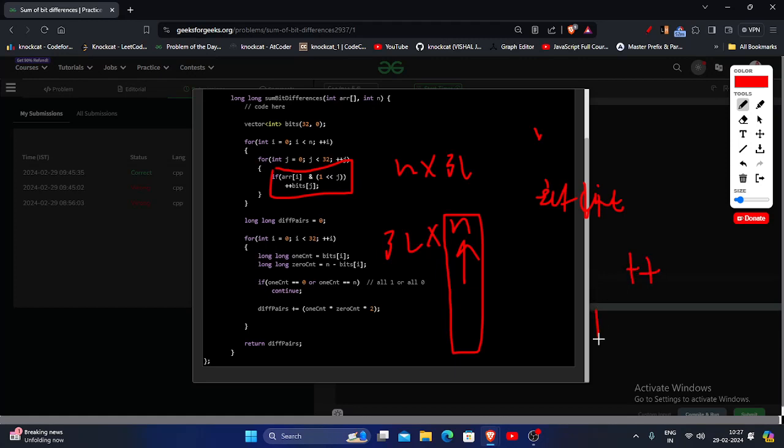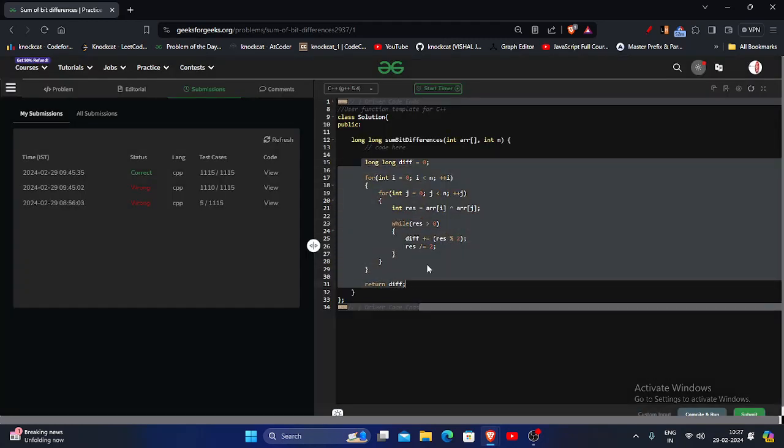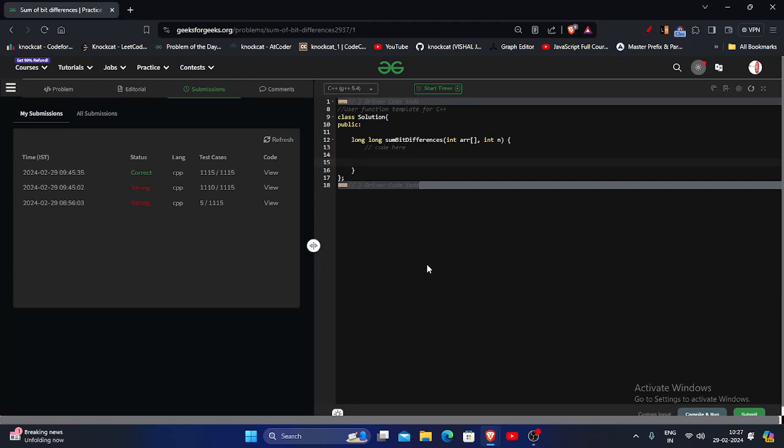Otherwise, if it is not set, I will increase the count for unset bit. And the same operation we can do here only. Let me show you. I think when I do, things will be more clear.